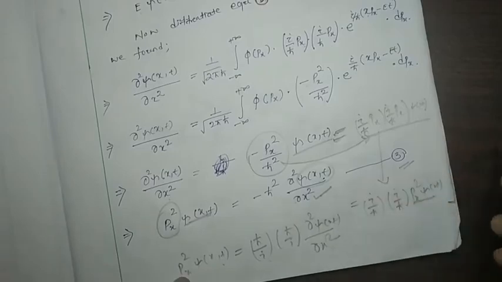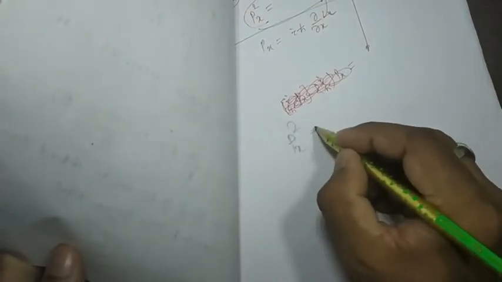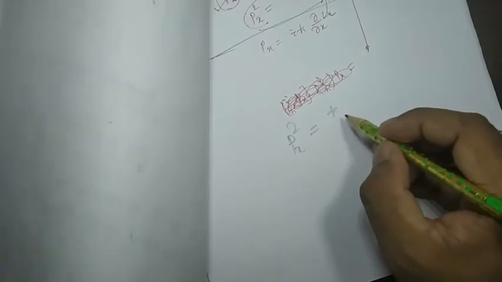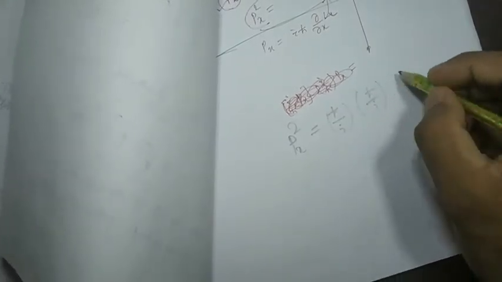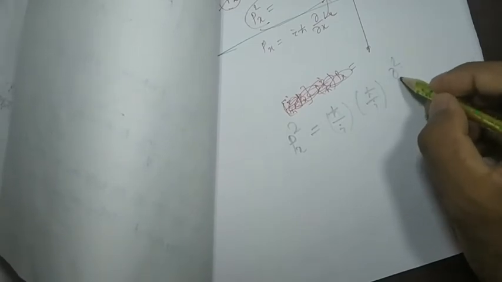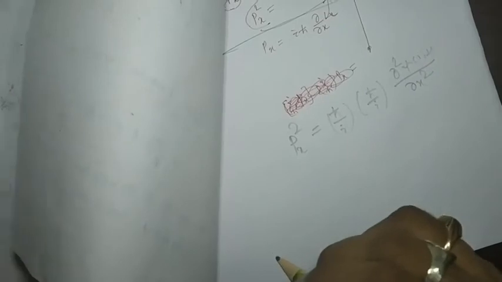Now the so-called px square will be how much? That is h cross by i into h cross by i into del square psi(x,t) by del x square, right?